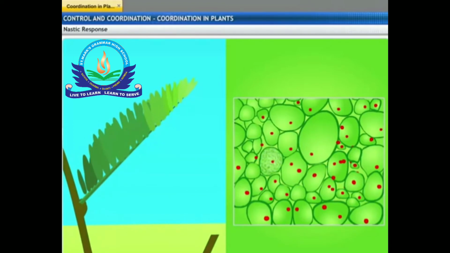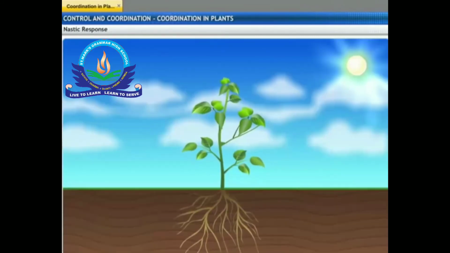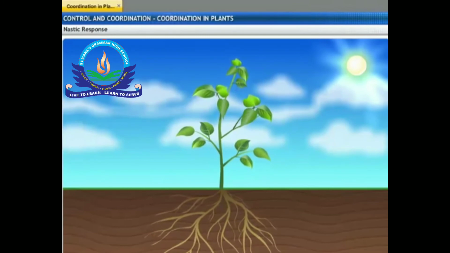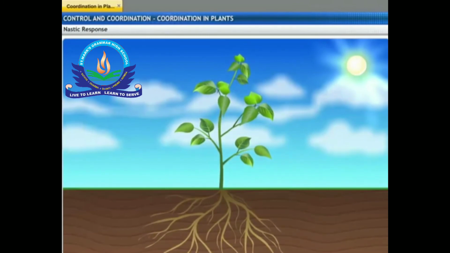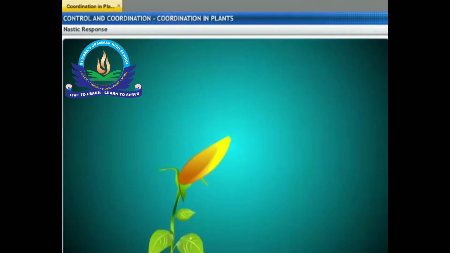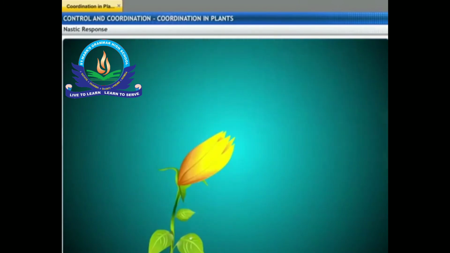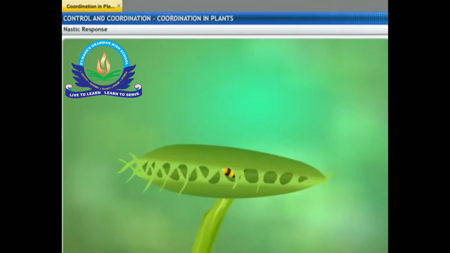This type of response is called nastic response. Unlike tropisms, movement in plants do not occur in the direction of the stimulus. Some other examples are the opening and closing of flowers and the movement of the Venus flytrap.